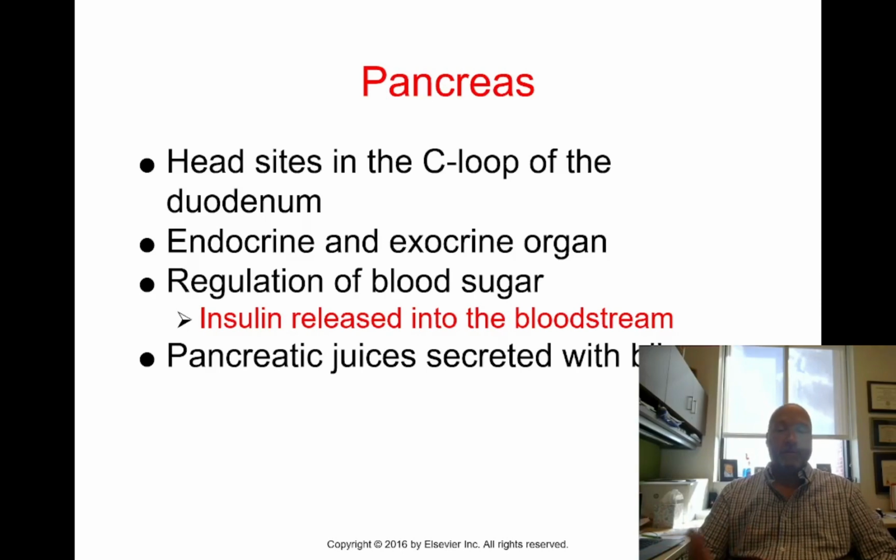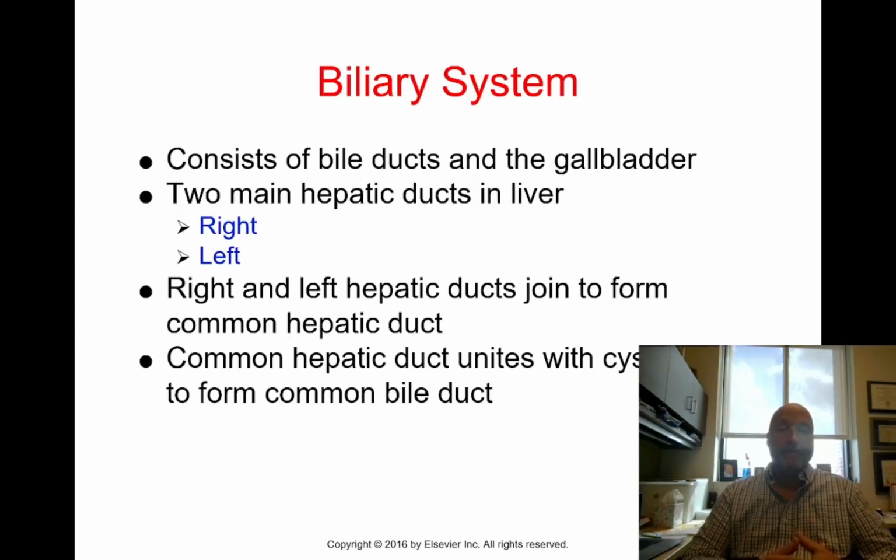So into the bloodstream, we get regulation of blood sugar, and that's insulin that's released, and that insulin is created and stored in the islets of Langerhans inside the pancreas. But the pancreatic juices also get secreted with bile.